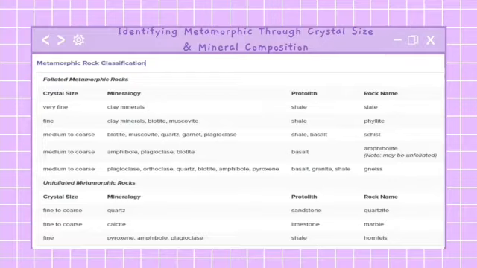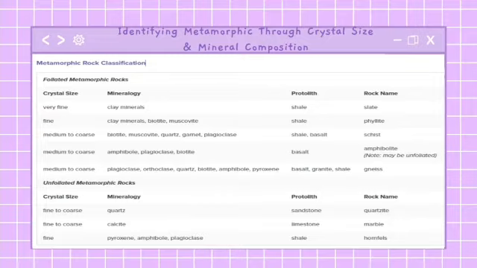If the crystal size is medium to coarse, and the components are biotite, muscovite, quartz, garnet, and plagioclase, and the parent rock is either shale or basalt, the rock name would be schist. If the crystal size is medium to coarse, and the components are amphibole, plagioclase, and biotite, and the parent rock is basalt, the rock name would be amphibolite.